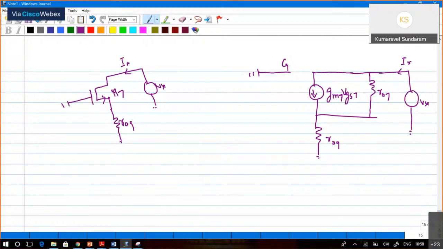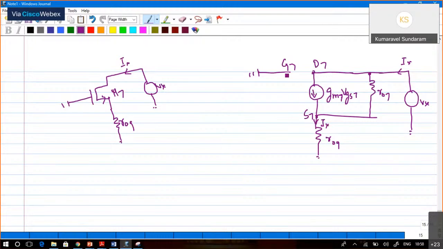Okay, gate, this is G7, this is S7, right? So here VGS7, Ix is the current that is going to flow over here. Even though it's going to get divided at this node, some current is going to flow here and some current is going to flow here at the end at this node, Ix into R09, right?